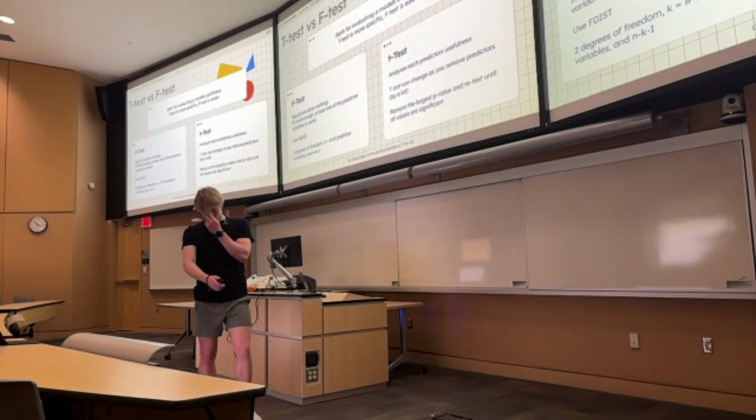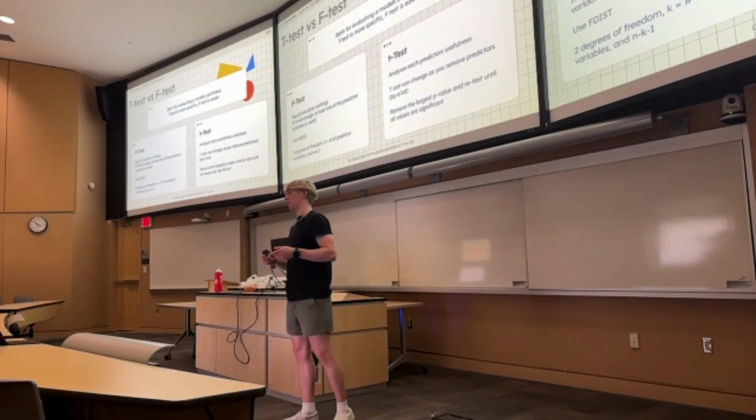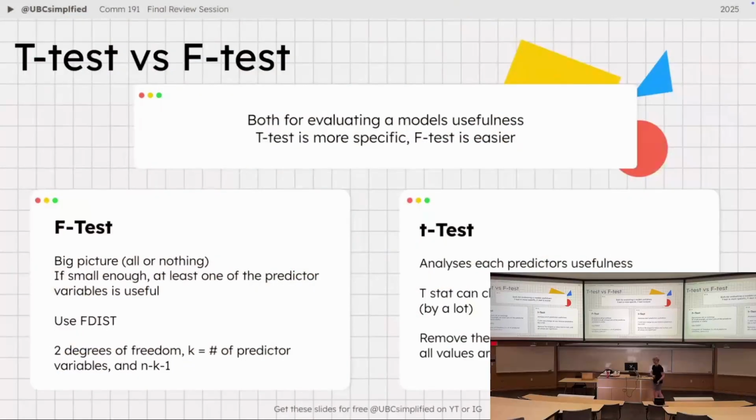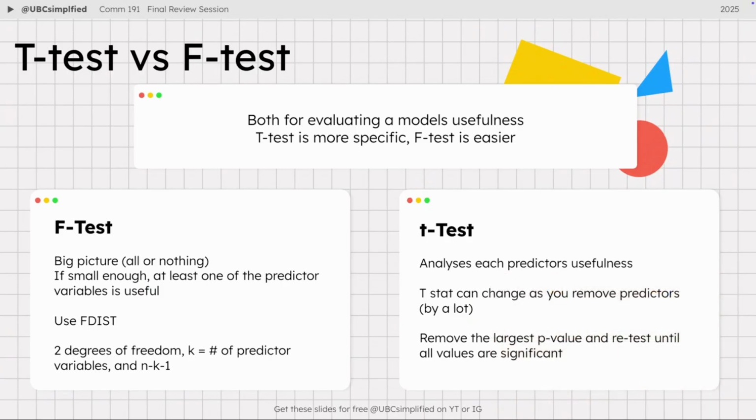So we have two different tests for evaluating a model's usefulness. One is the F-test, big picture, and one is the t-test. The F-test is like, yo, this model, it's good, it works. But maybe just one predictor variable in that model is actually good, right? The null hypothesis for an F-test is that none of these predictors are good.